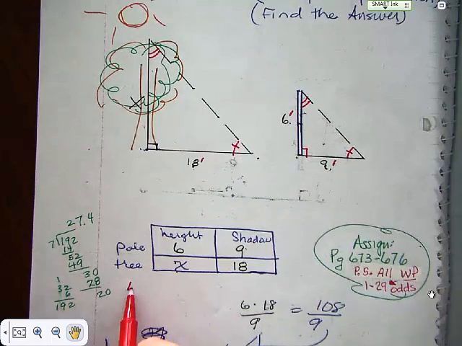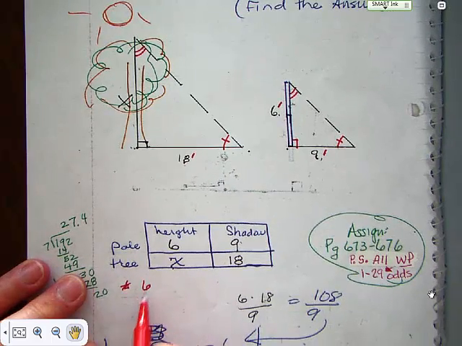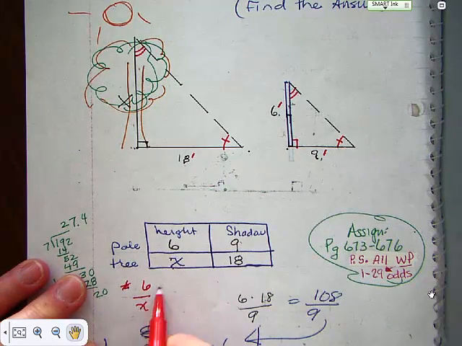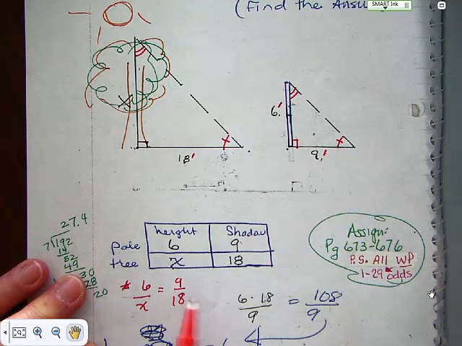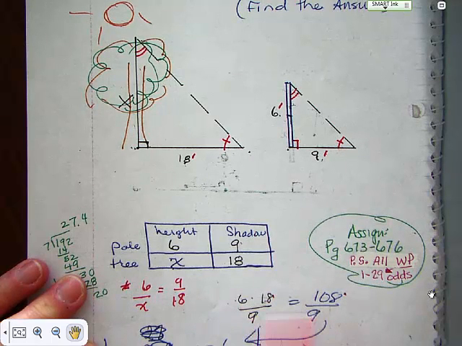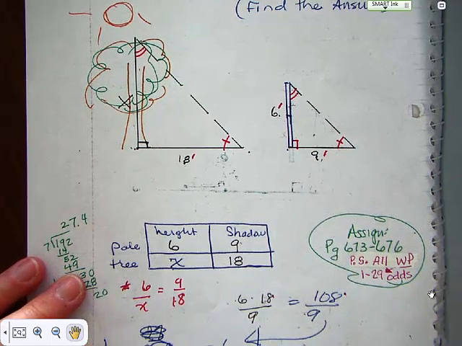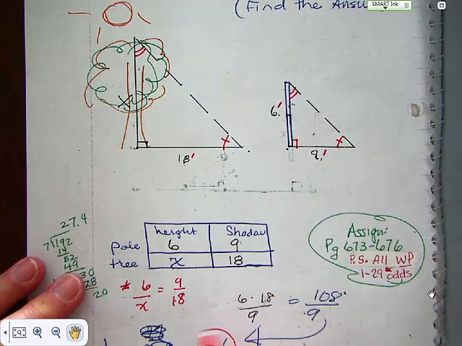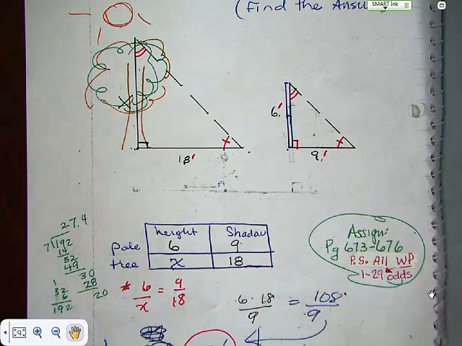I would write it as 6 over x equals 9 over 18. But when it comes right down to it, you're taking 6 times 18, which is 108. You're going to divide both sides by 9, and your answer is 12 feet. That wasn't too bad.